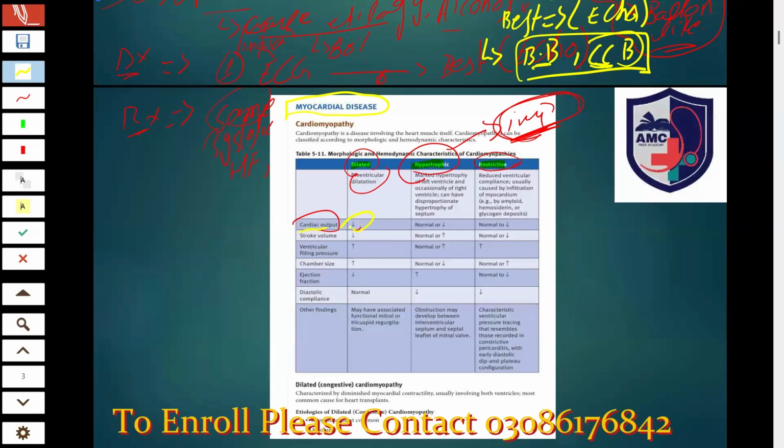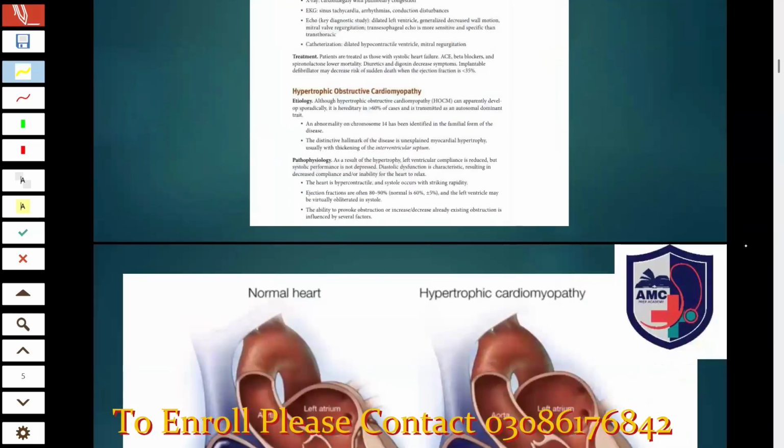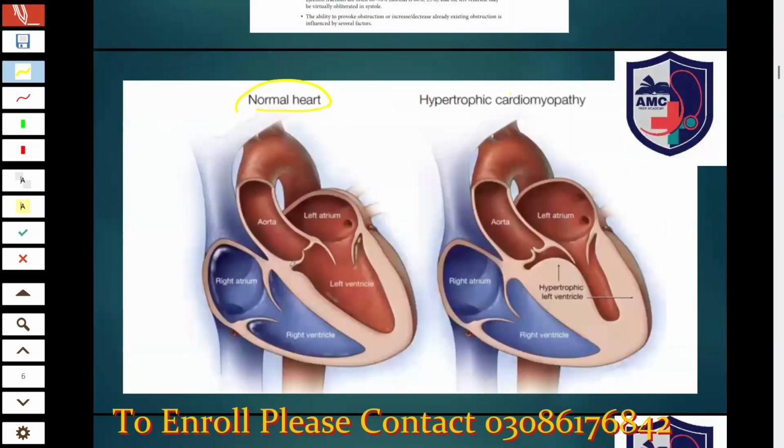Cardiac output will be decreased, but in hypertrophic obstructive cardiomyopathy it will be normal or mildly decreased. You will memorize that the ejection fraction is normal. Let's see here: this is the normal heart. But in hypertrophic cardiomyopathy, there is hypertrophy of the interventricular septum. It blocks the outflow of the left ventricle.